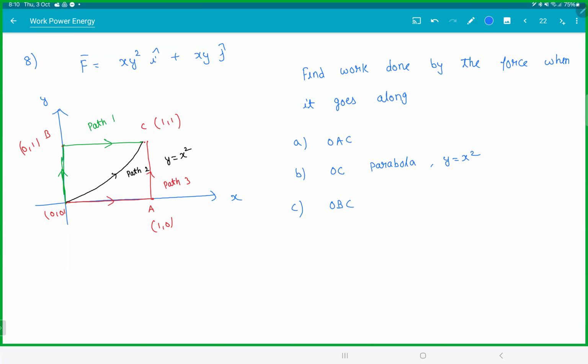Clear? Now this is the difference. In the previous question I gave 4 different forces. Here I'm giving you one force but 3 different paths. If this was a perfect differential, it wouldn't have mattered which path. One path's answer would have matched with everyone. Let's try this.